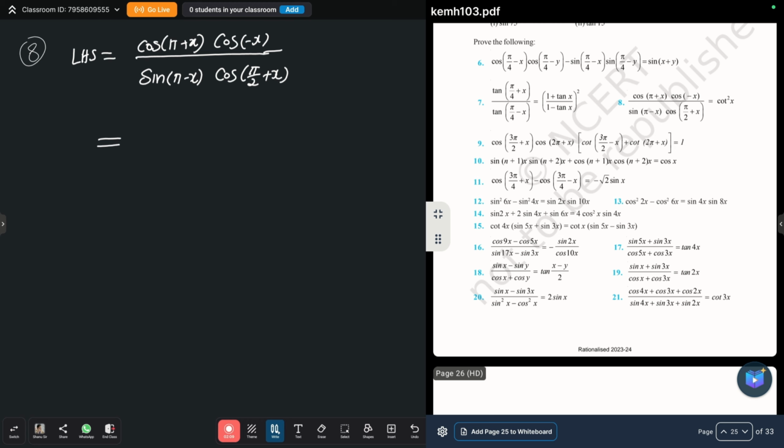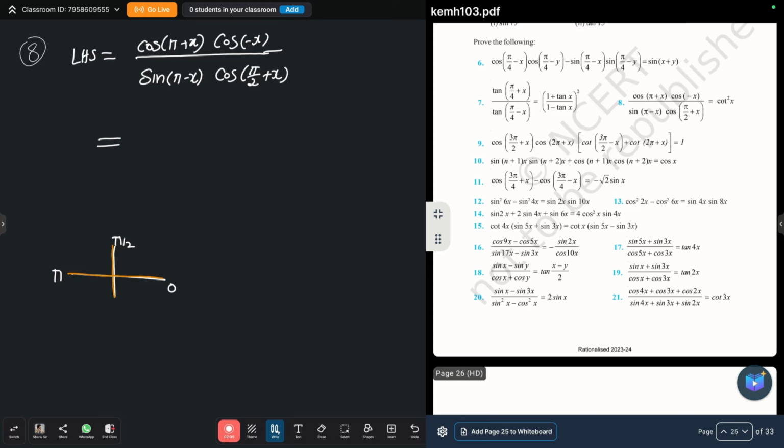Cos(pi plus theta). Pi means which? If you remember, where is pi? Pi means here, 0, then it is pi by 2, pi means here. So whenever your angle is on this line, no change in the ratio. On the vertical line, the ratio changes.